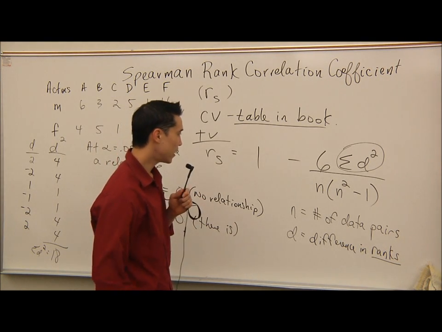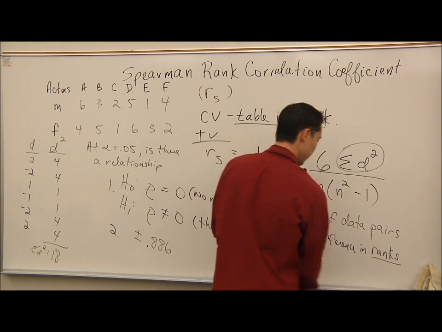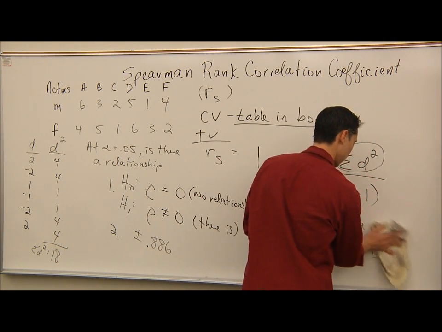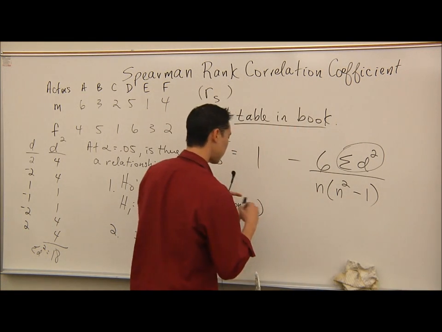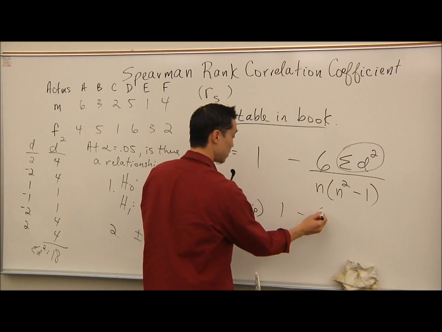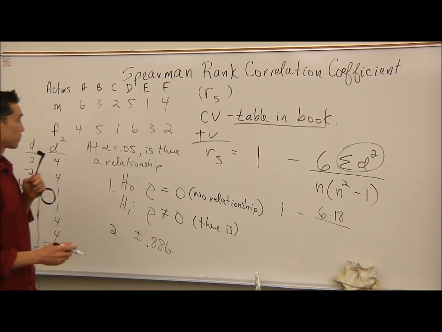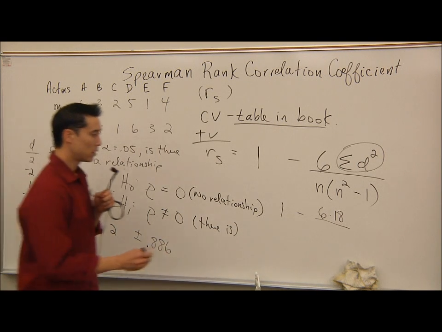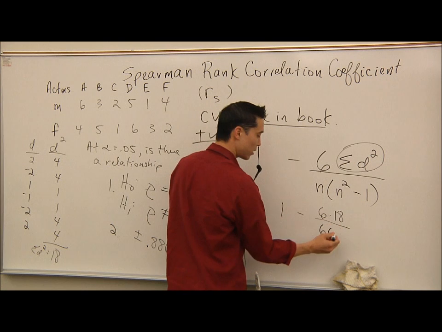Okay, go ahead and do the test value then. So we have 1 minus 6 times 18. Let me just write the work underneath here. So I have 1 minus 6 times 18. What is n in this problem again? 6. So I have 6 times 36 minus 1, 35.